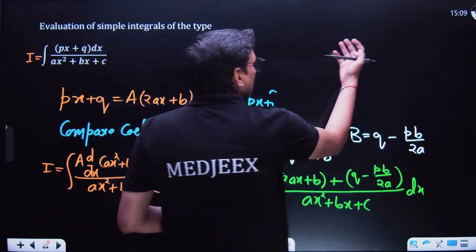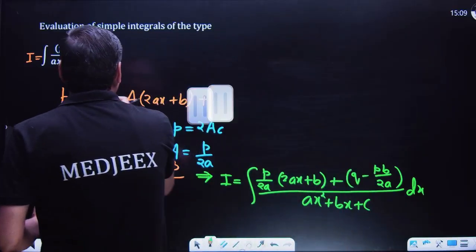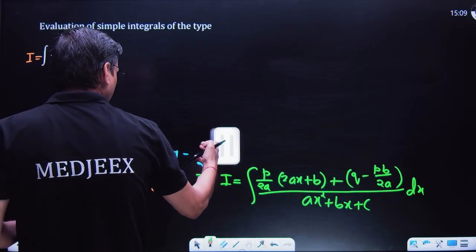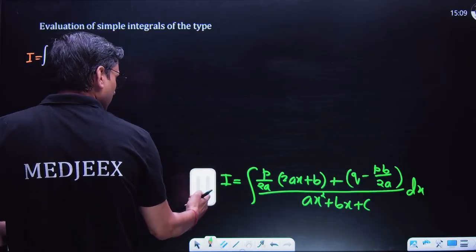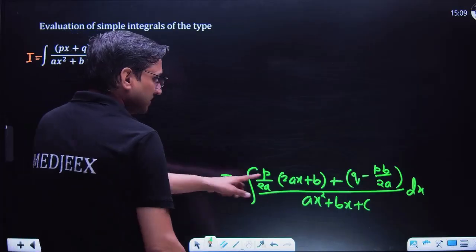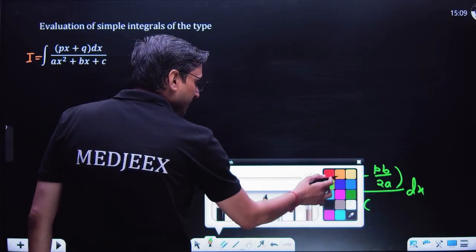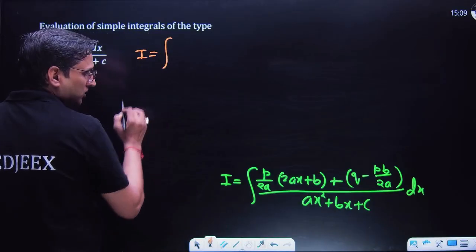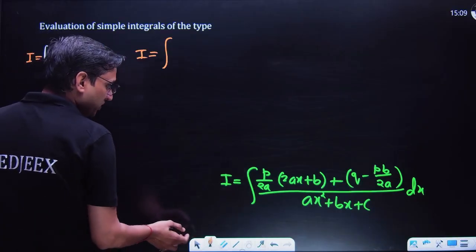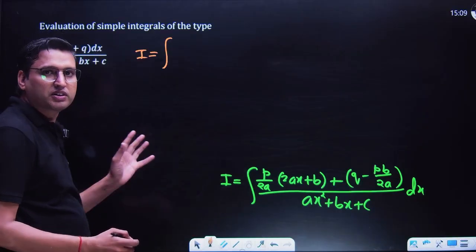Now look at here, dear students, look at here. Now I'll simplify this step. For this step, I can mention I is equal to, just we have to write this one only. If I select it, it will shift like this.